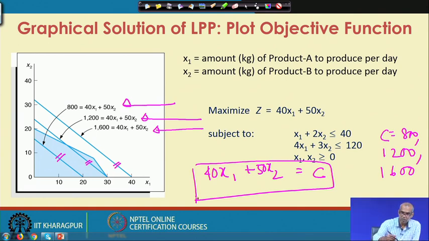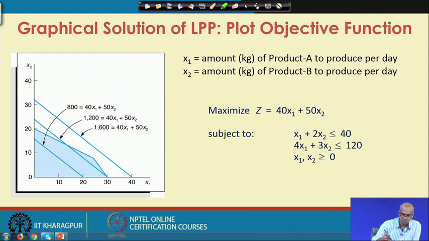Now, in the figure shown, this is the objective function line which has the maximum value for the objective function, 1600, but if you look closely, this line is outside the feasible region.